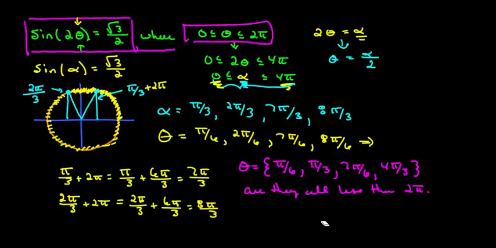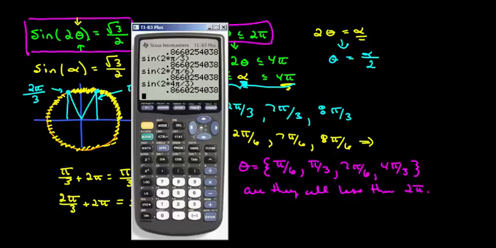There's a couple other ways that we can check this. If we grab your calculator, we can take a look at the graph of the sine of 2 theta. And what we want to know is when is it equal to square root of 3 over 2.